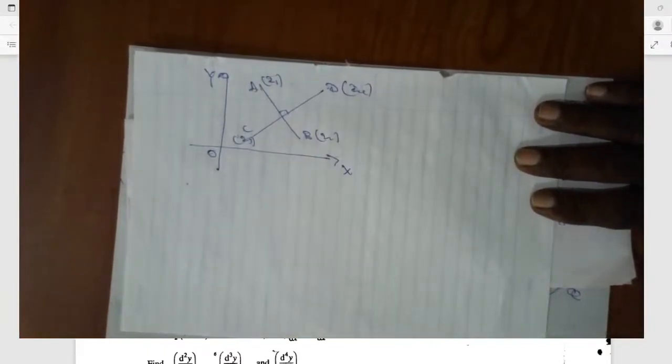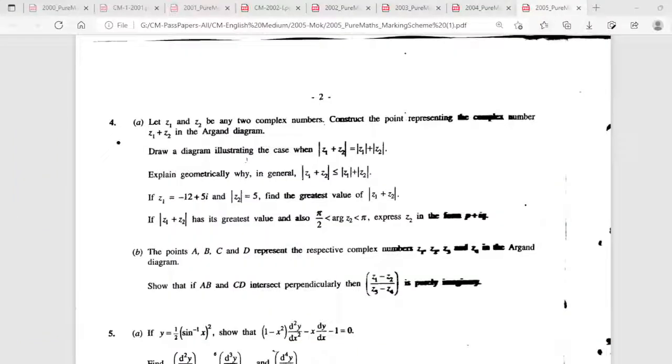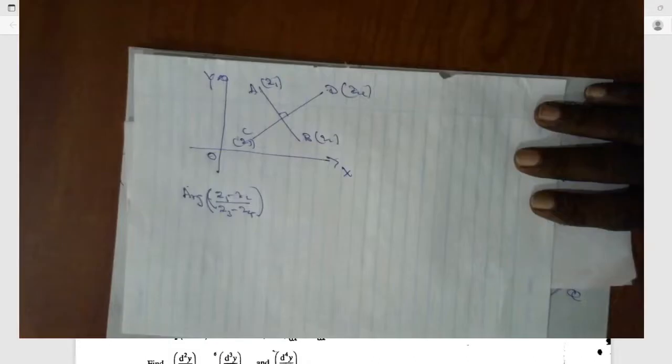Now you are given, you just consider arg of C1 minus C2 over C3 minus C4. This is what you are given, no? You just consider this one.